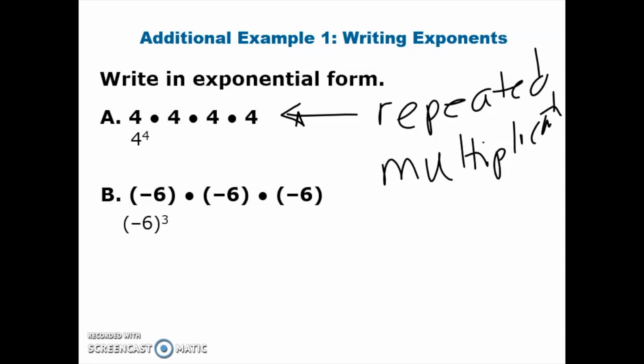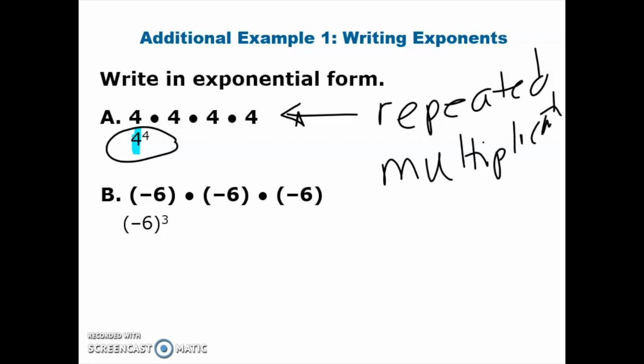Okay, and then when we get our answer, this right here, this is exponential form. So we look at what number is being multiplied, 4, that becomes our base, and then we count how many times or how many 4's are we multiplying, and that becomes our exponent, so 4 to the 4th power.